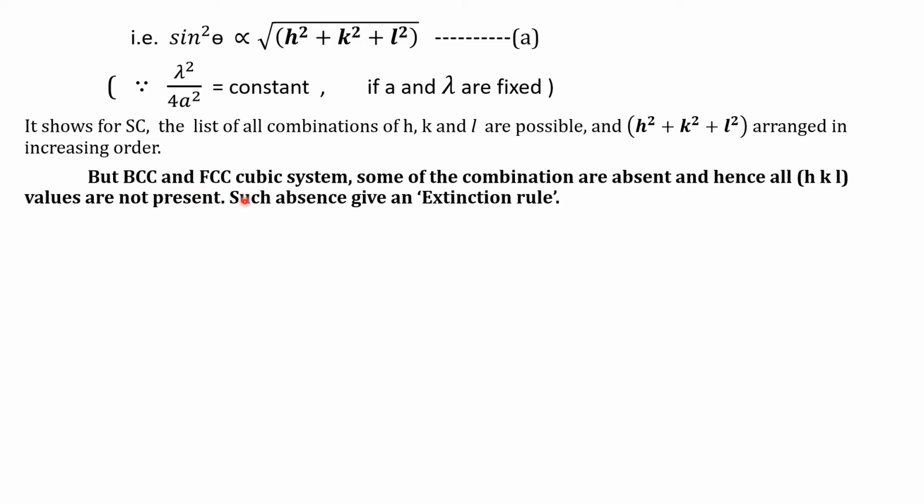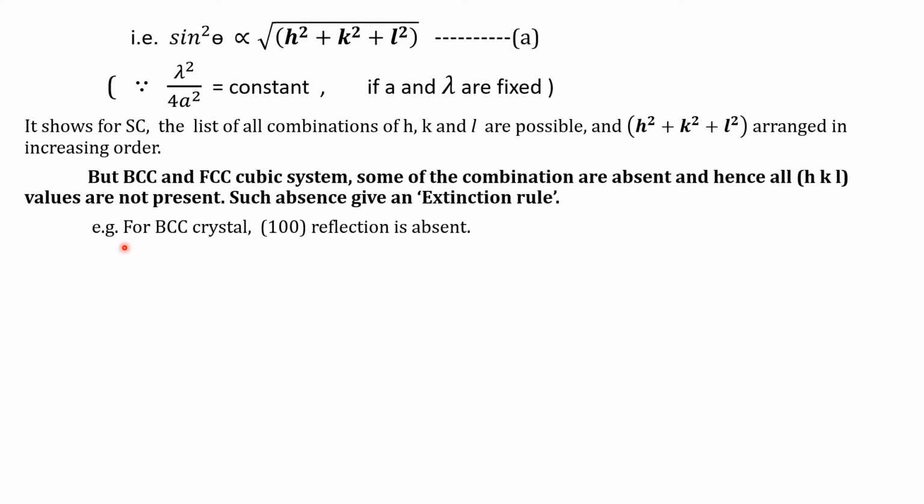If the structure factor is zero at a specific hkl value, then that hkl is not present in the list of planes. Hence, such planes are absent. If some planes are absent and not allowed under BCC and FCC, it gives the extinction rule.